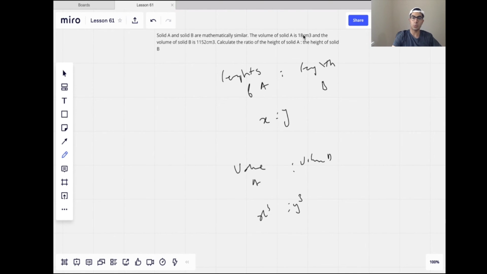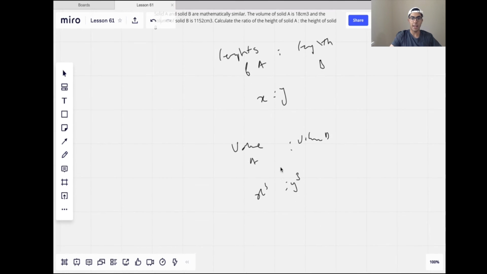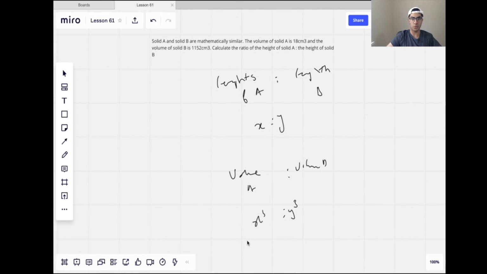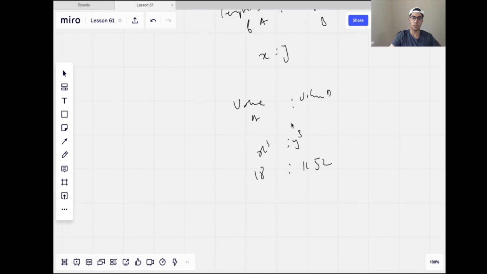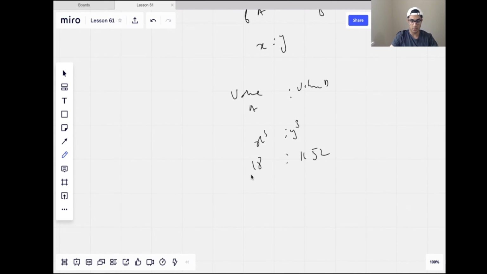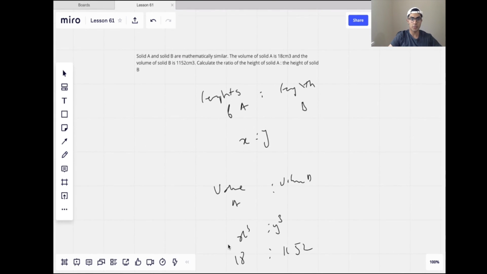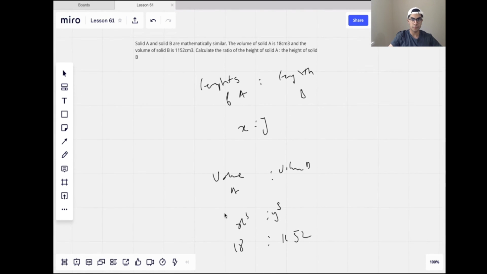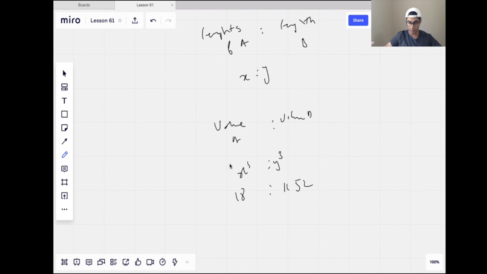In this case, we have the volume case. We have that x cubed to y cubed is basically 18 to 1152. So if we take the cube root of both sides, we should get the x to y ratio. The cube root of 18 is 2.62, and then the cube root of 1152.